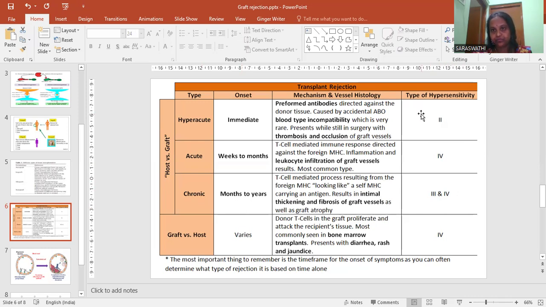This is due to both type 3, the immune complex, which is also considered a kind of autoimmune-type hypersensitivity, and type 4, as we explained in the case of acute graft rejection. This all varies from person to person. It is not constant from one person to another.